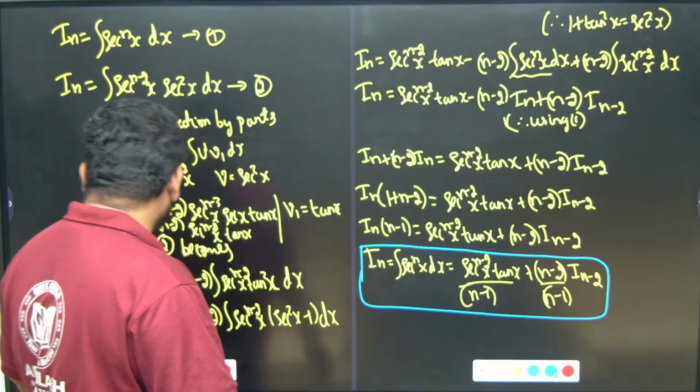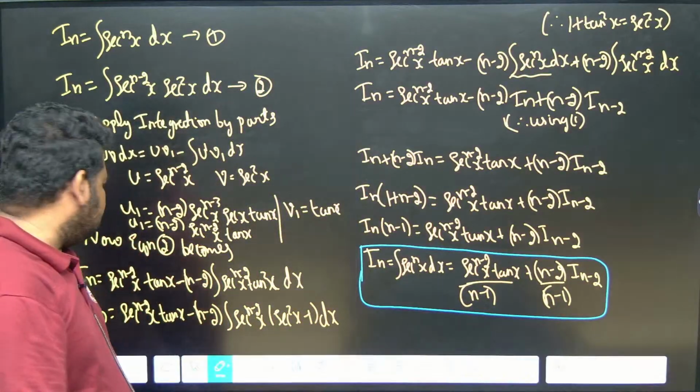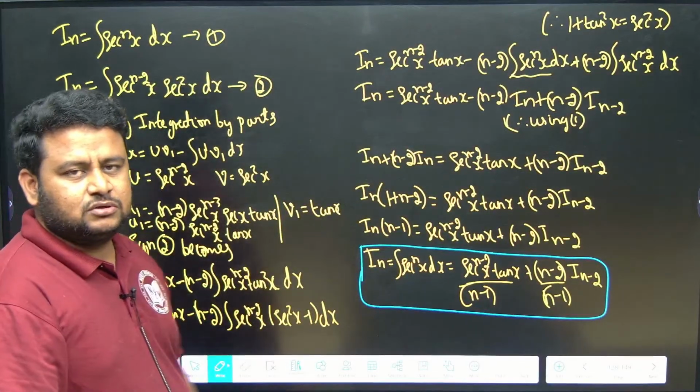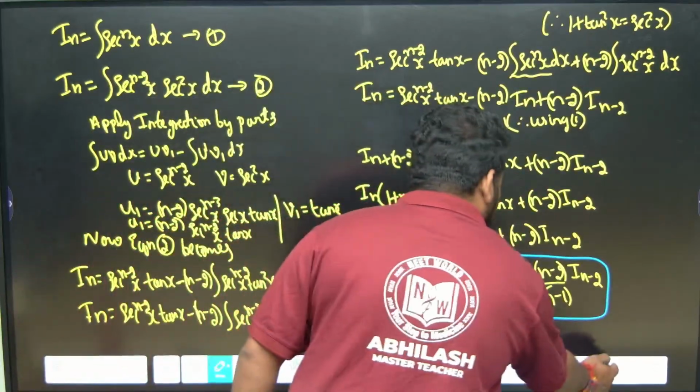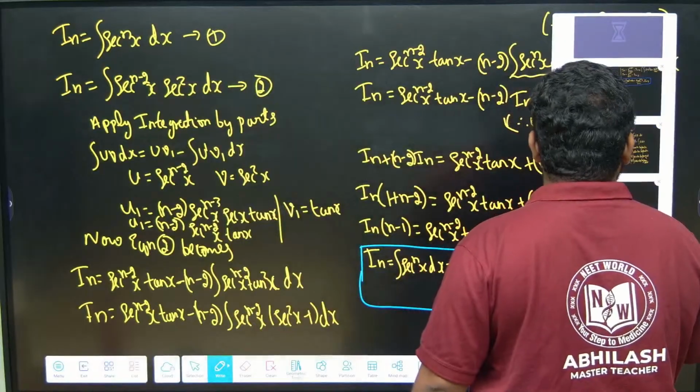Clear, friends? So, till now we have deduced secant^n x, tan^n x and sin^n x.